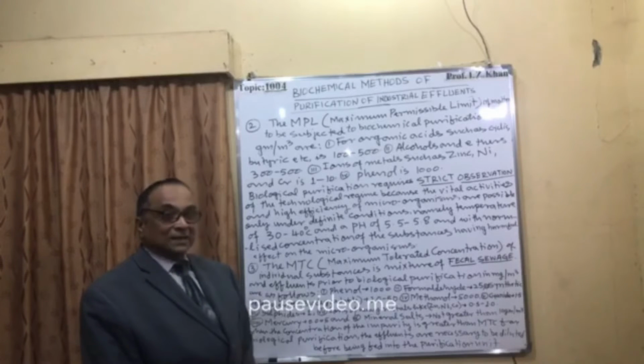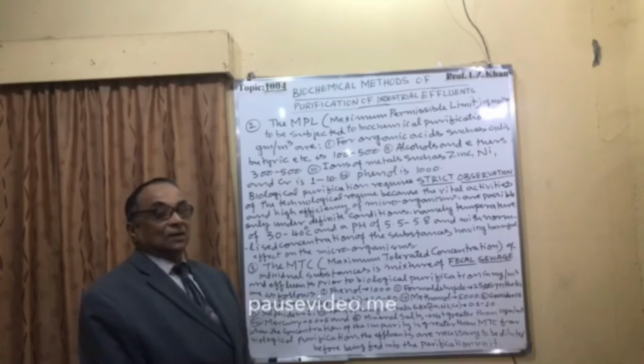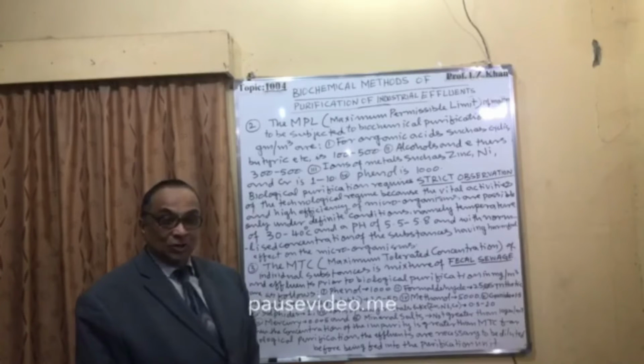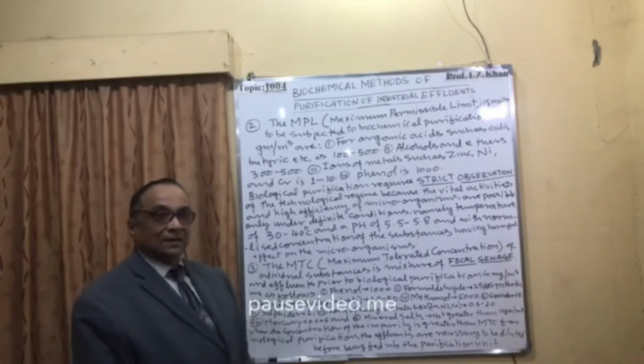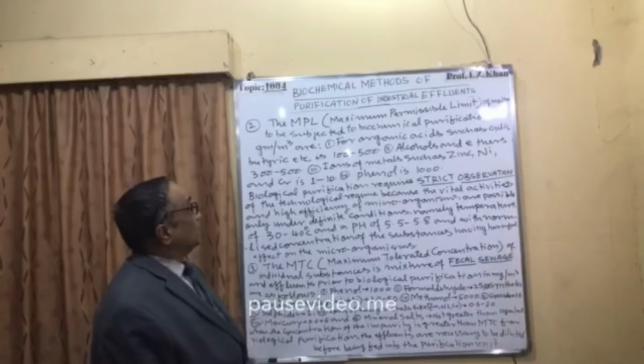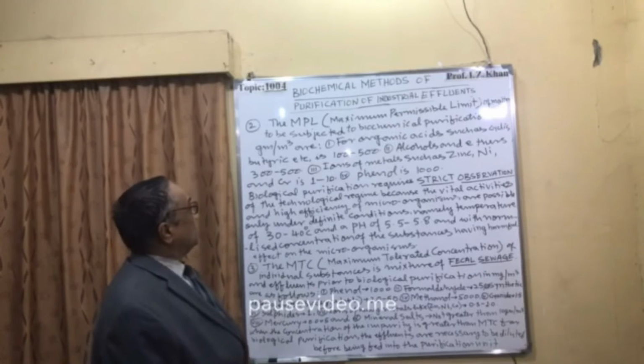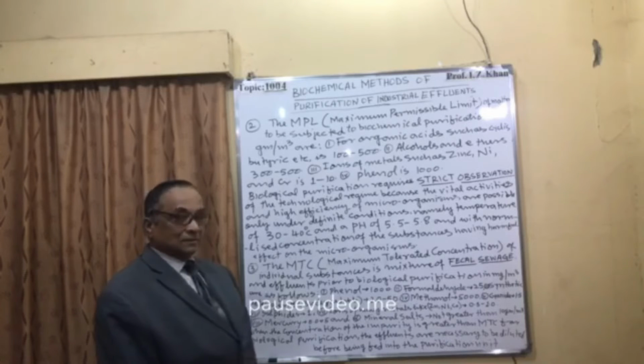So there is a limit given, and that is the maximum. After that we cannot allow, or WHO cannot allow more than that. That is called the MPL, the maximum permissible limit of matter to be subjected to biochemical purification in gram per m³.